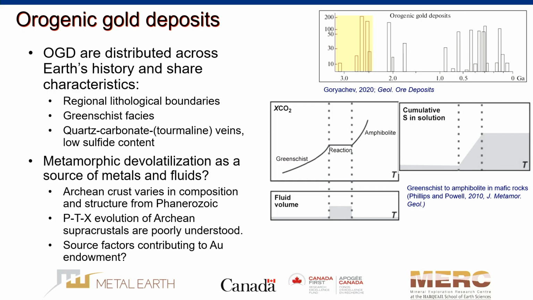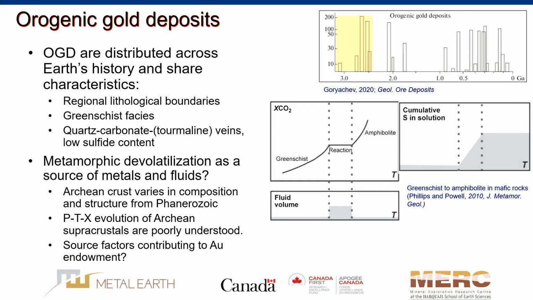I won't get into all the reasons why, but one thing we know is that the metamorphic devolatilization model is primarily based on Phanerozoic rocks initially, and for Archean rocks, it's been proposed that the fluids come from the devolatilization of mafic rocks. But in general, the Archean crust varies quite a bit from the Phanerozoic in its composition and structure.